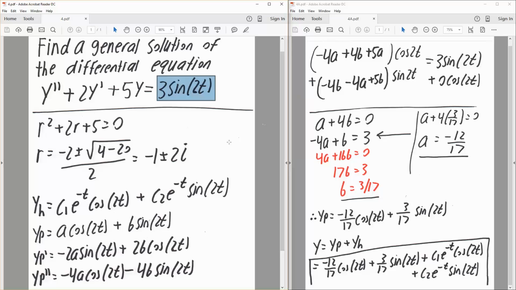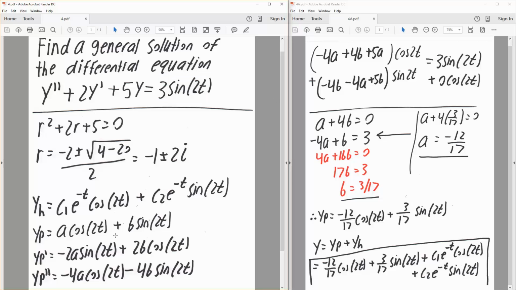The next thing we're going to do is set it up. Since we have cosine 2t and sine 2t terms, we'll set it up as cosine 2t plus sine 2t is equal to 3 sine 2t plus 0 cosine 2t. We don't have any cosines here, so 0 cosine 2t.